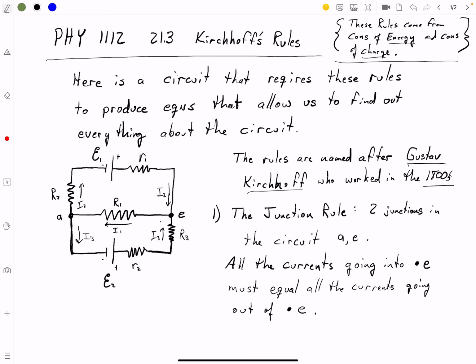We could be given currents, resistances, or the EMFs, and then there will still be things that we aren't given. We're going to need to use these rules to figure out what those other things are. So it's definitely doable, and Kirchhoff gave us a whole bunch of neat ways of doing it.